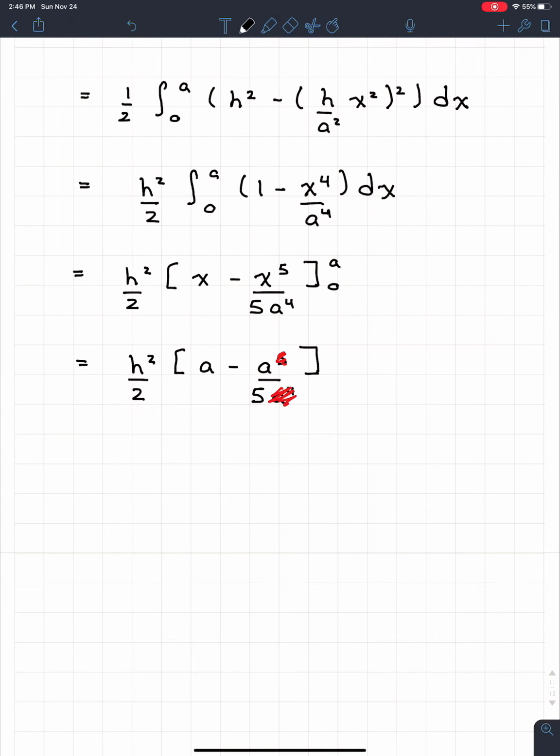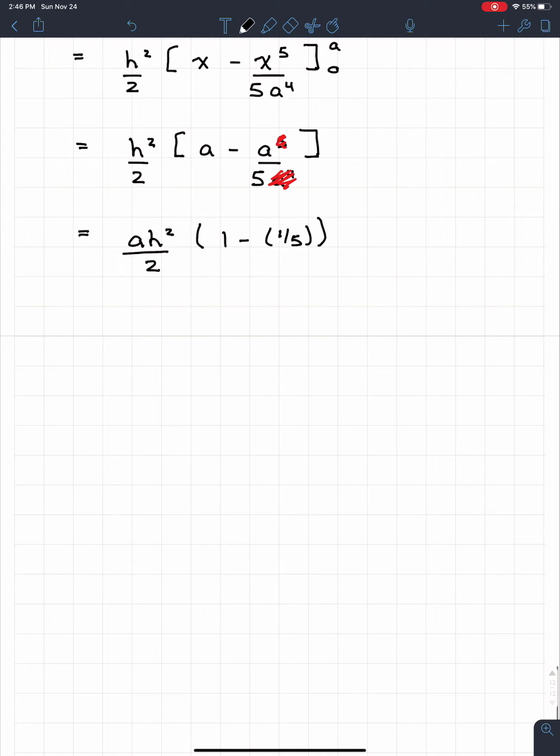So in the end, what we have is a h squared divided by 2, and in brackets, we're having 1 minus 1/5. So you guys substitute that all in, and in the end, what you will get is that the whole integral is going to be equal to 2/5 times a h squared.